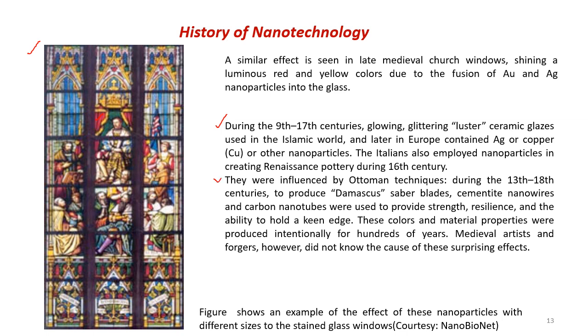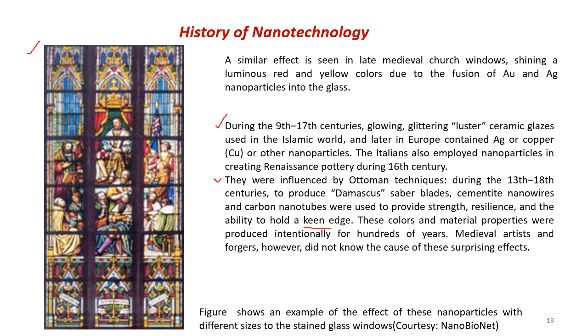They were influenced by Ottoman techniques during the 13th to 18th century to produce Damascus saber blades with cementite nanowires and carbon nanotubes, which provided strength, resilience and the ability to hold a keen edge.